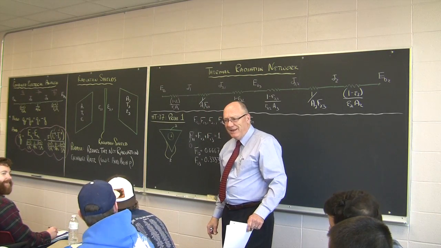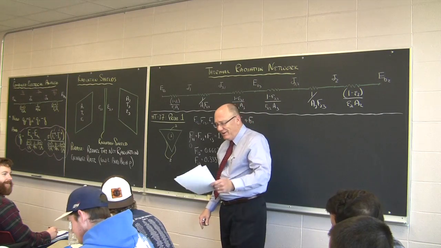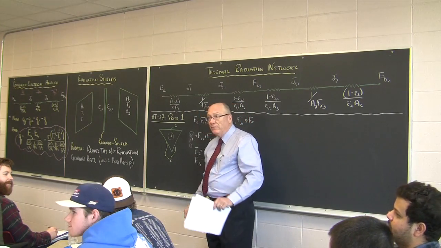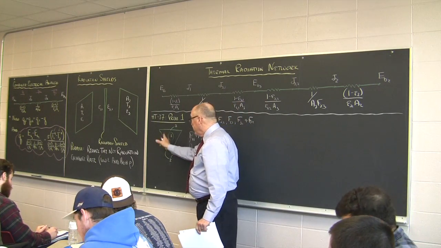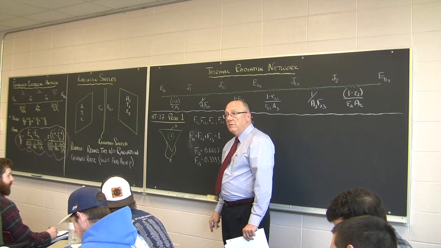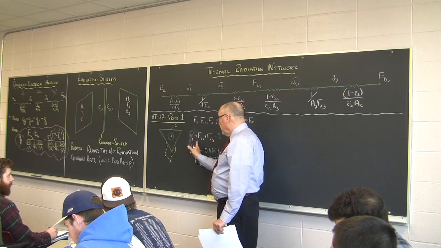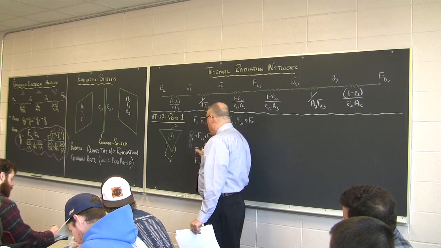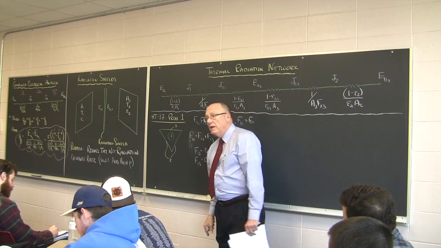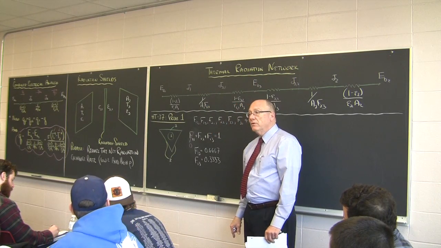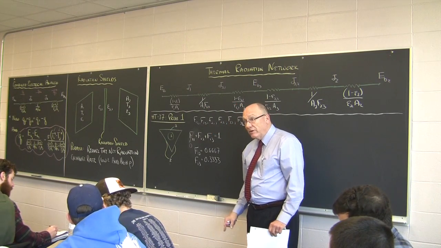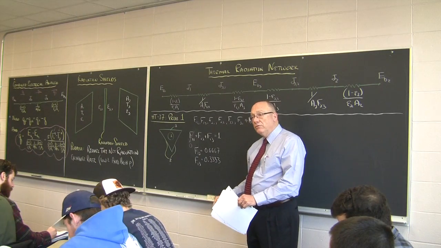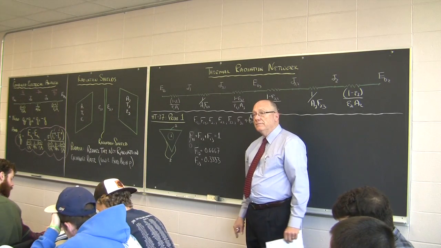So each one of these are the same. So 1 can't see itself. So 1 sees twice as much of 2 as it sees of 3. And therefore, that's why the view factor is 0.667. The other is 0.333.